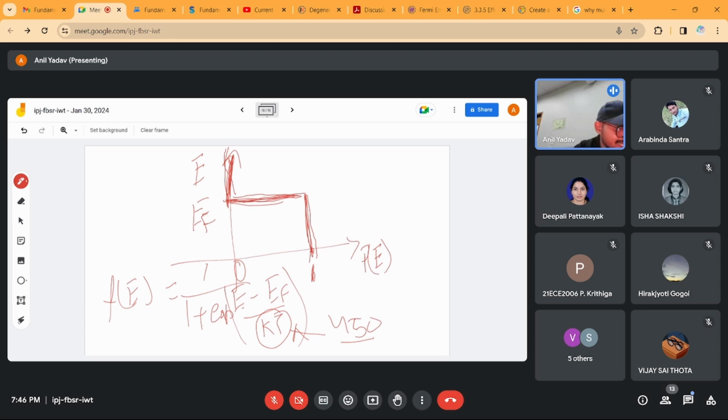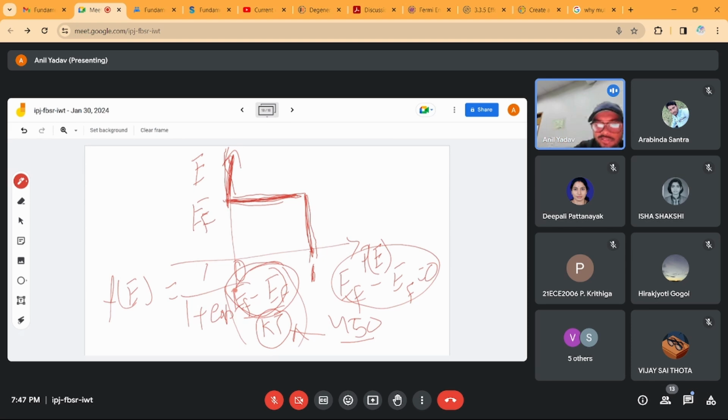Because it is asking me at the Fermi energy. So E is equal to EF, and EF minus EF is equal to 0.